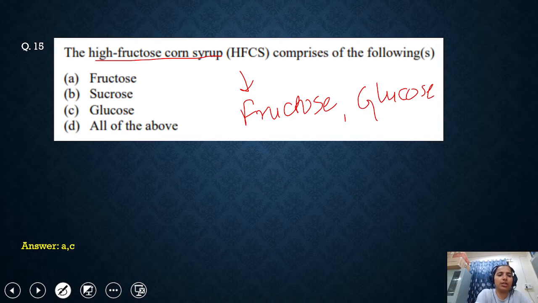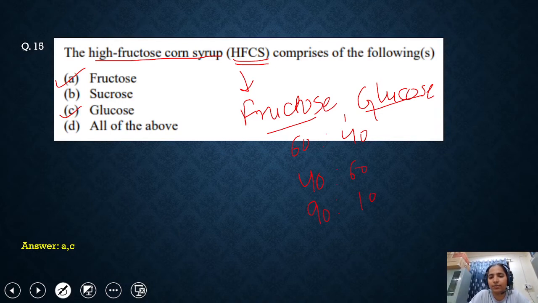So for this question, answer is both A and C. But according to its need, like if HFCS is used in a food industry or some other industry, the ratio of fructose and glucose changes. Sometimes it can be used in a 60 to 40 ratio, sometimes it is also used as 40 to 60 ratio, or 90 to 10 ratio. So this ratio will differ on the basis of application.